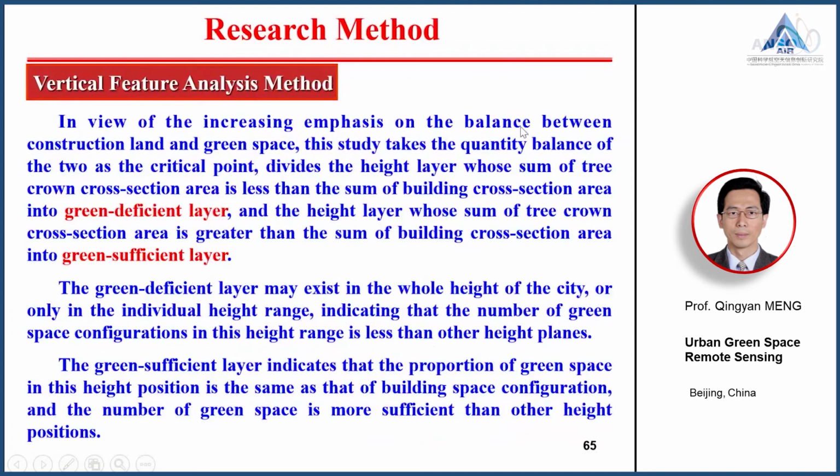If, in a height layer, the sum of the tree crown cross-section area is less than the sum of the buildings' cross-section area, it is a green deficit layer. If the contrary, it is a green sufficient layer.